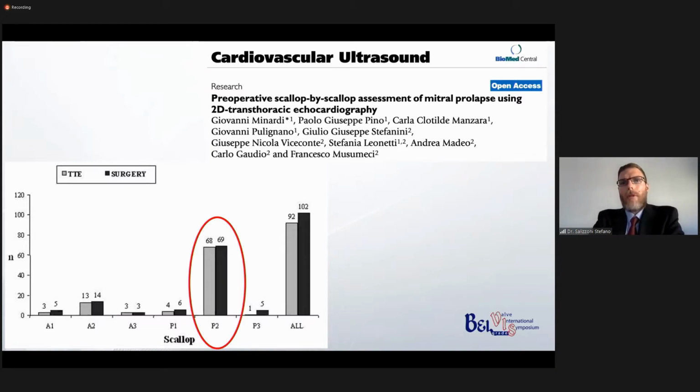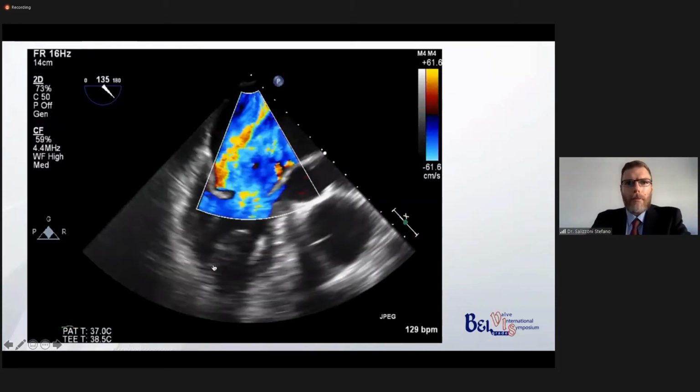We know from this study from the University of Rome, from Musumeci and colleagues, in which they checked and double checked that what they saw at the echo was then seen in the operating room, that in 110 patients, 70% have a P2 prolapse.